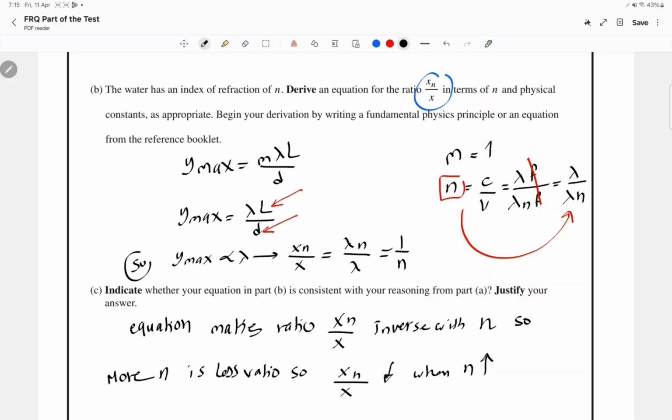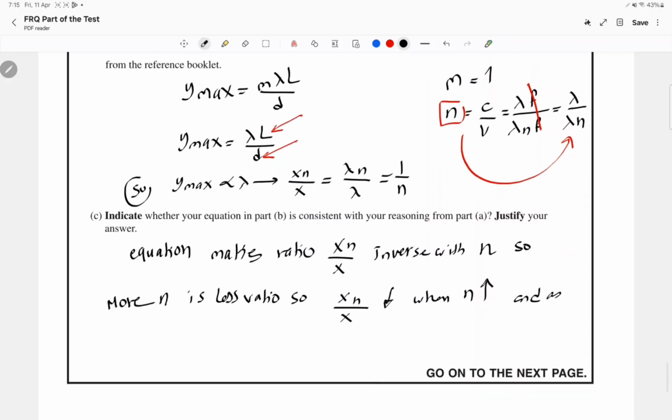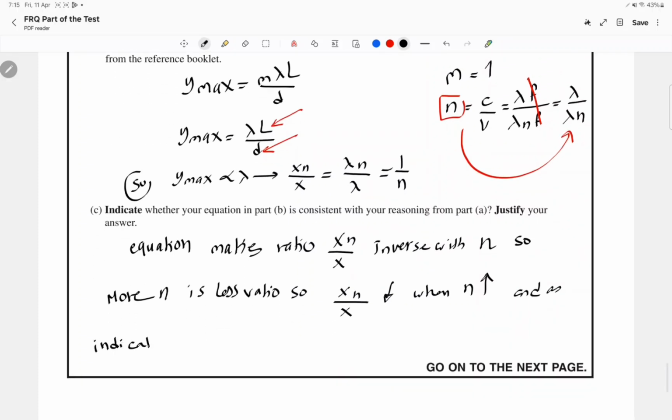They're inverse, right? It's 1 over n. And as indicated in part A, in the water, the separation decreases. So xn is less than x. So it's consistent.